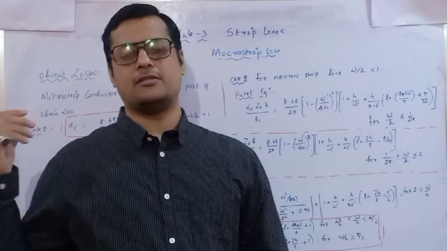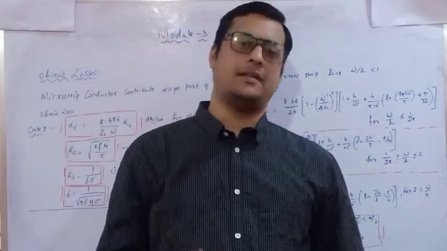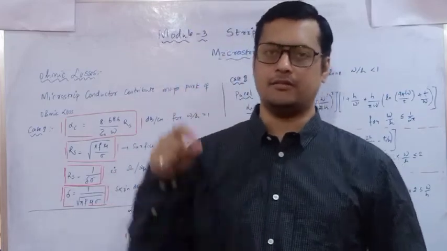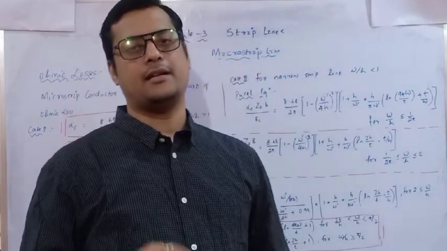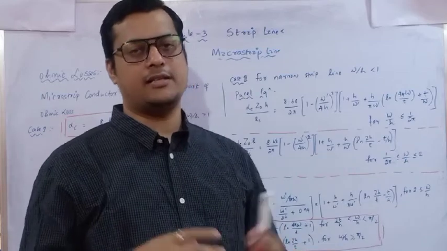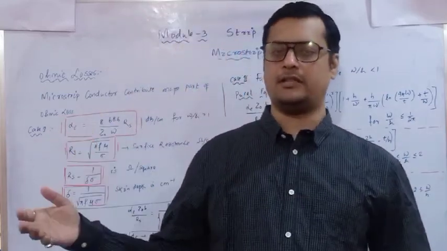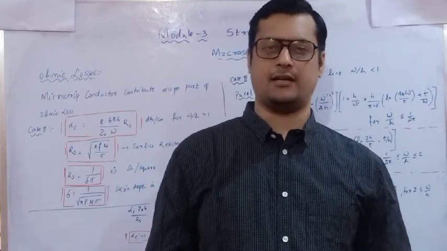So due to this, losses will be there, some potential drop will be there. When we provide the external potential to the upper plate, the electric fields emerge, penetrate through the substrate and enter the ground plane. So this is the basic analogy.